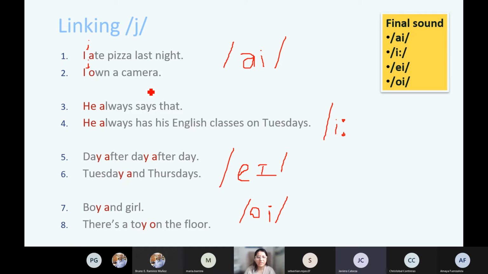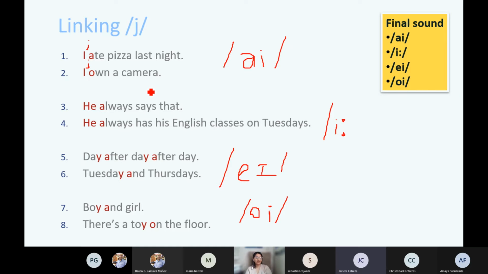Something that we need to remember about this is that the J is not a strong sound. It's not as strong as the linking R or the intrusive R, even though the intrusive R, for instance, is less prominent than the other one. So this is a soft sound.